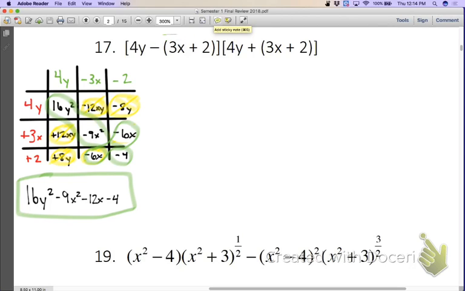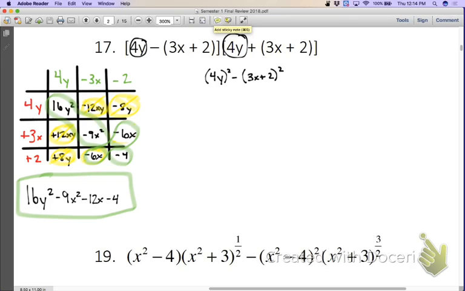Now, realistically, what this is, though, is a difference of two squares. It's really like, because I have 4y and I have 4y. So if you see that it's really just a difference of two squares, I can take 4y squared minus 3x plus 2 squared, because they are conjugates of each other.